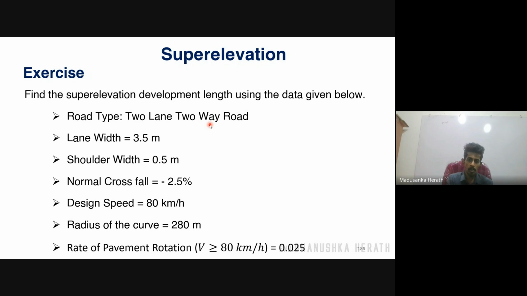Right. So if you have written it down, you can start answering the question. I will move to the previous slide to get this. But we need the GR value, right? The design speed is 80, and this is two lane two way.